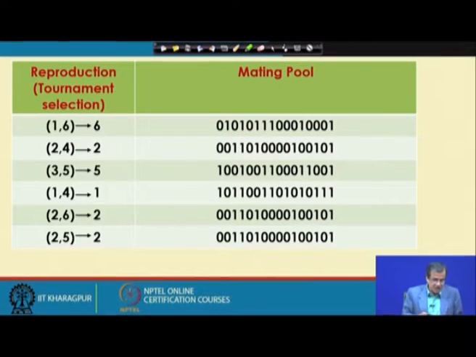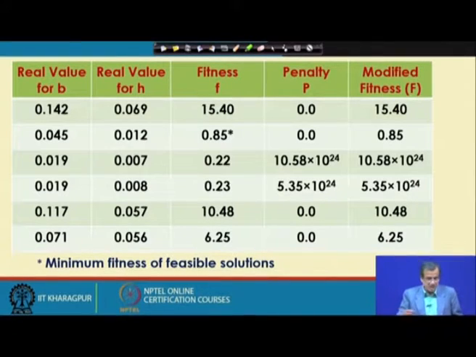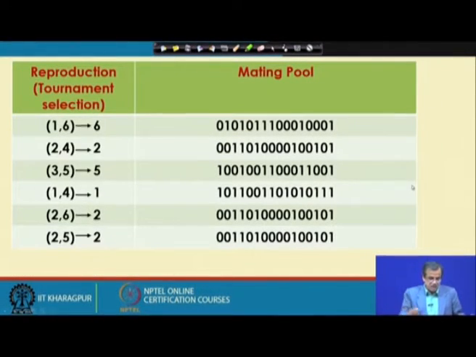But before that, another thing I just want to tell: if I concentrate on the bad GA strings, that is the third one and the fourth one, we can see that there is no copy of the third one and the fourth one in this particular mating pool, because these 2 GA strings are found to be worse and those have been deleted through this particular reproduction scheme from the mating pool.